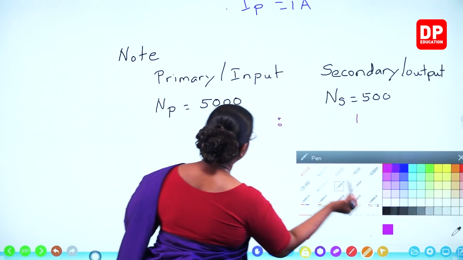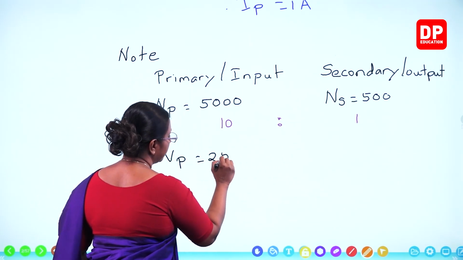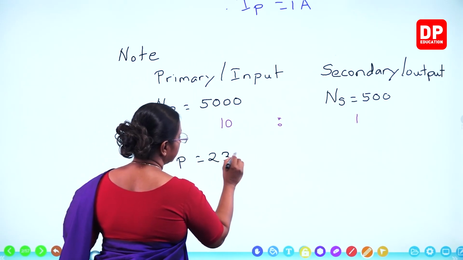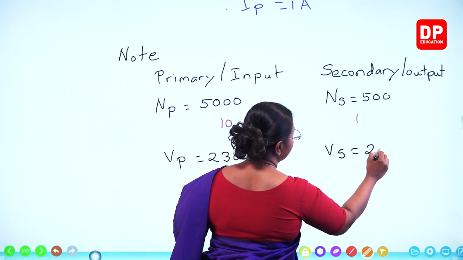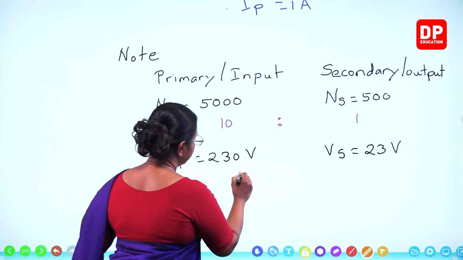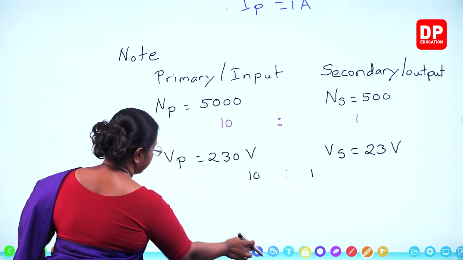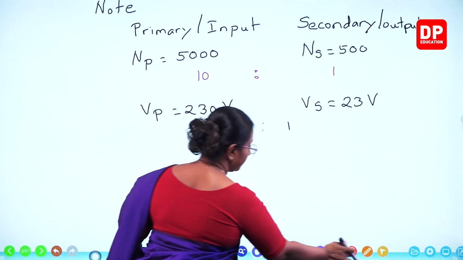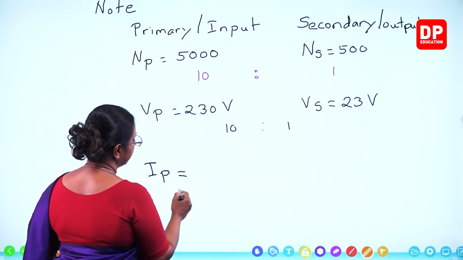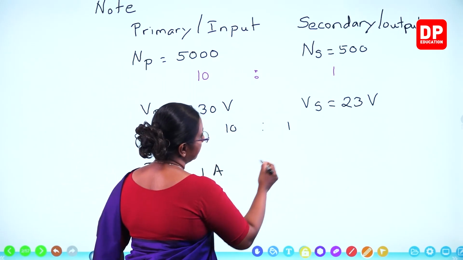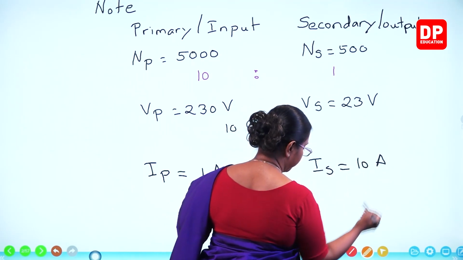Then, if you consider the potential, V primary 230 volts, V secondary 23 volts. That is also 10:1. Then, if you look at the current, I primary is 1 ampere, whereas I secondary is 10 amperes.